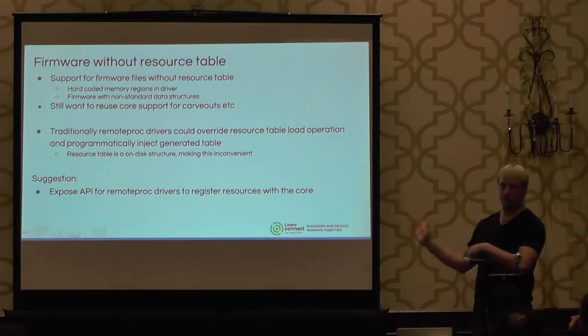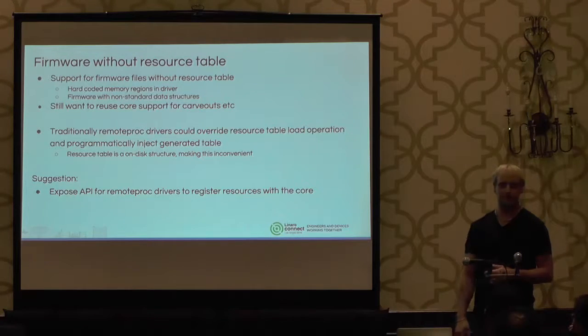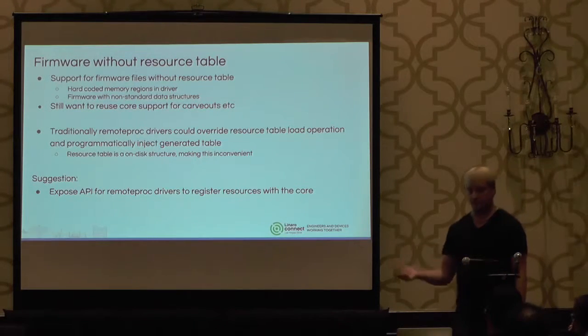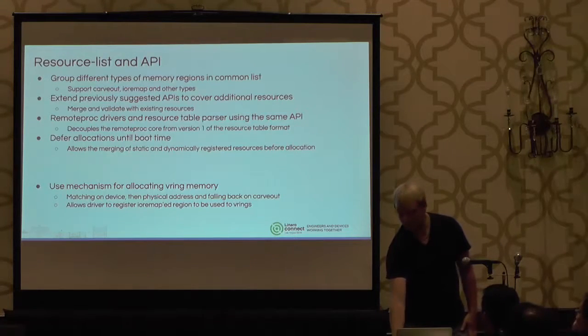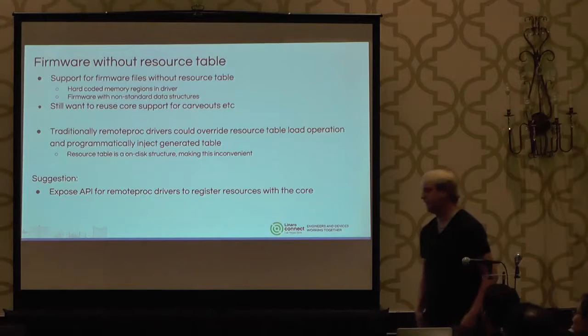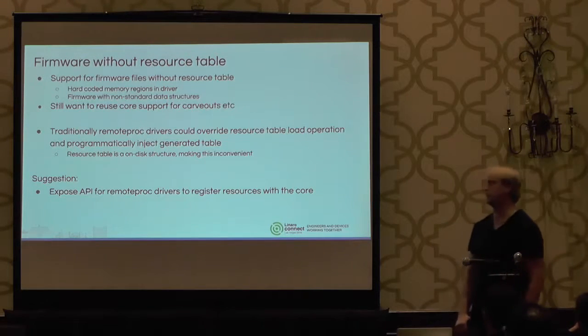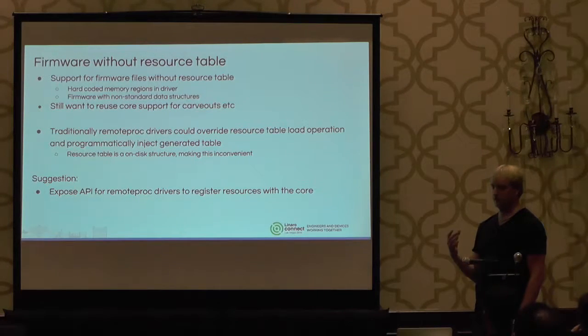Again, have an API to register these kinds of resources. It could be the same API, but we are the ones just registering carve-out resources. So this is mainly for carve-outs. Trace buffers would be easy, and IOMMU mappings would be easy.